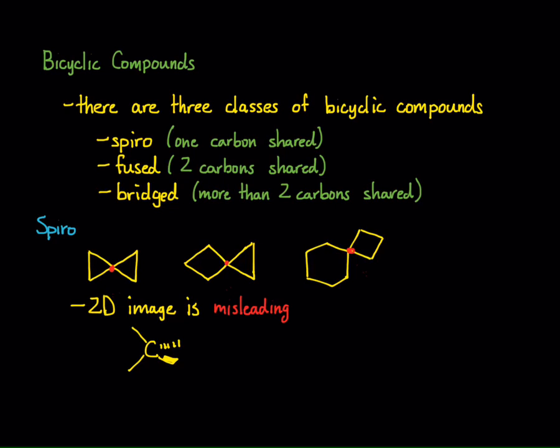And therefore, if we were to simply look at that first structure with the two cyclopropane rings, we would have to draw it like this, where we see that the two rings are in different planes of one another. One's in the plane of the board and one is perpendicular pretty much to the plane of the board.